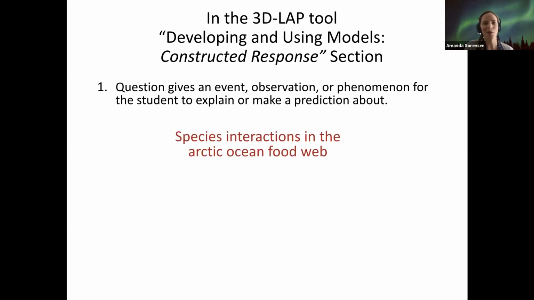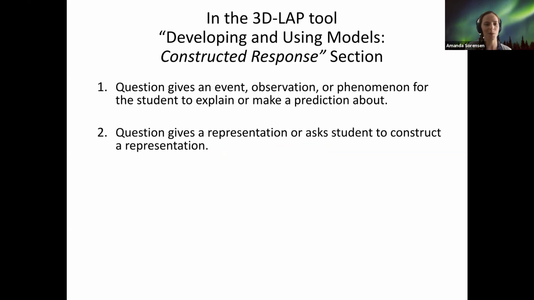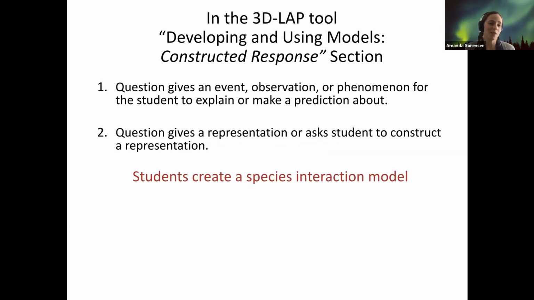From the assessment that Diane showed to us, we can say, yes, the species interactions in the Arctic Ocean food web. So we meet that metric. So we can move on to the next 3D lab metric. The question gives a representation or asks students to construct a representation. If we look at our previous example, beautiful, we can say, yes, students create a species interaction model.